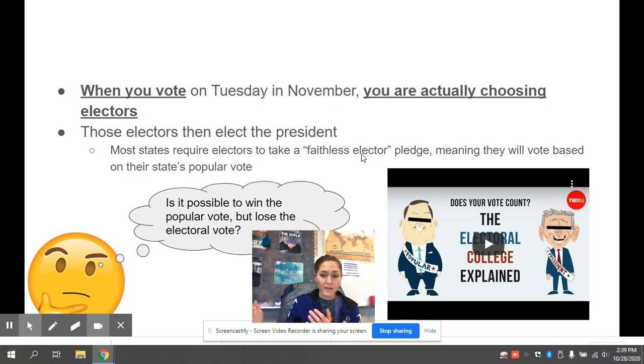But because of that winner takes all system, there might be one candidate who loses the popular vote, but they got enough votes in those really, really big point states that have a lot of electoral votes, and they were able to win the electoral votes, a minimum of 270, but the majority of people didn't want to vote for them.